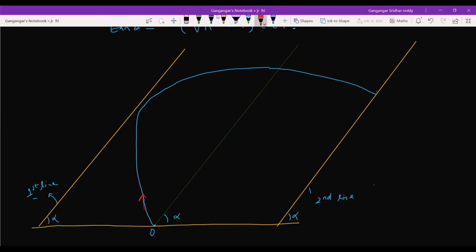Because some students ask, why can't it go like this? It is projected in such a way that it will graze. Okay, I'm making things clear.